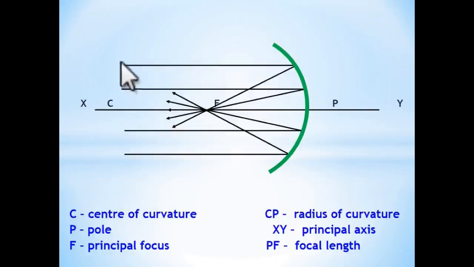The parallel rays coming from infinity strike the concave surface, get reflected and get concentrated at a particular point on the principal axis. That point is called the principal focus. Now let us see what is focal length. It is the distance from the focal point to the pole. This is called the focal length.